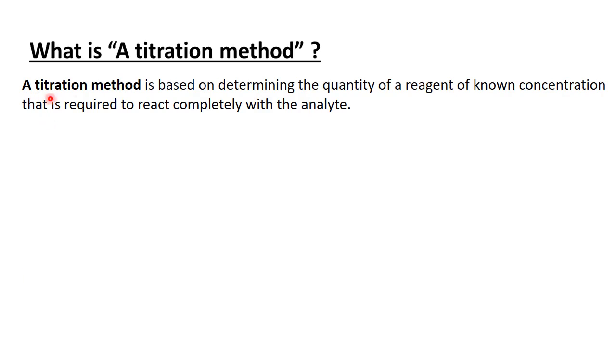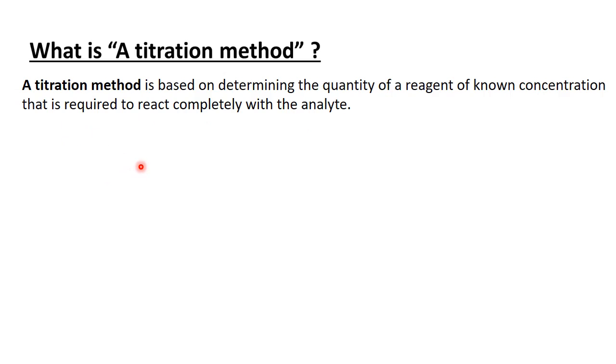A titration method is based on determining the quantity of a reagent of known concentration that is required to react completely with the analyte. So this is the meaning of a titration method.